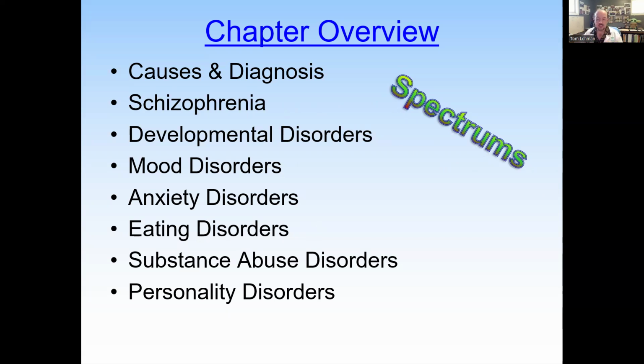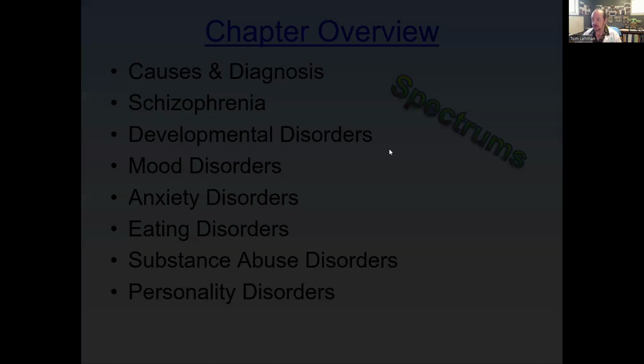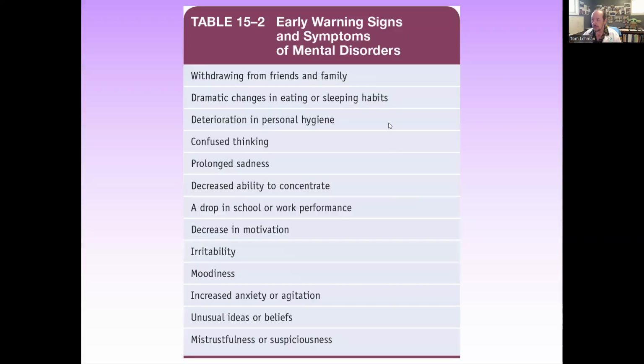So please don't be offended if I present something other than what you have personally or your family or friends have experienced. Understand that every case will be a little bit unique, but I'll present to you the high point of what we'd see in a textbook example of these different disorder groups.